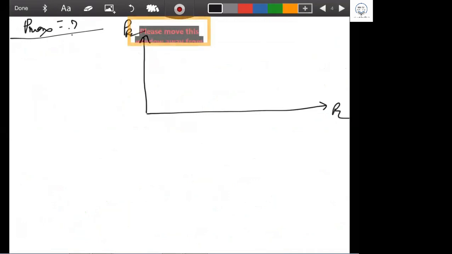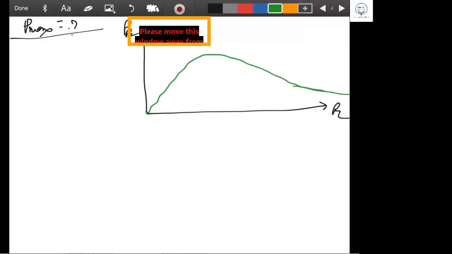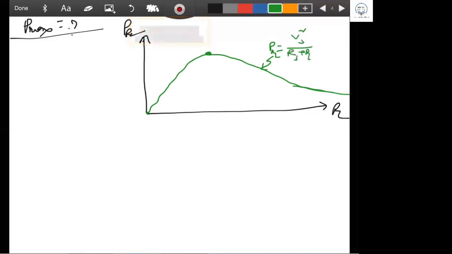The green curve we saw comes like this, going towards 0. The equation you know already, so I'm just writing it: PRL equal to Vs squared over (Rs plus RL) whole square, into RL.